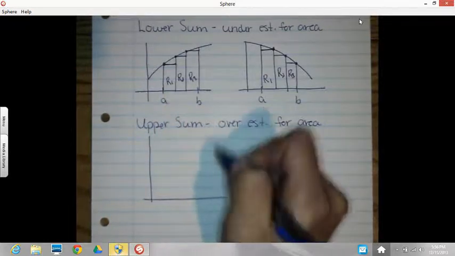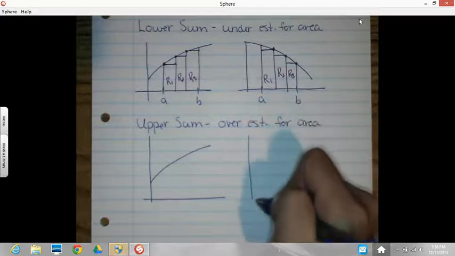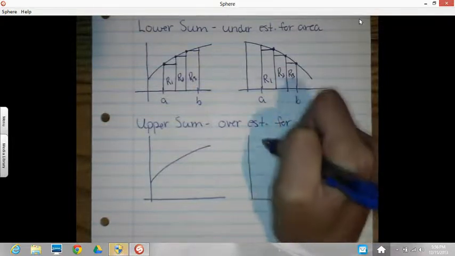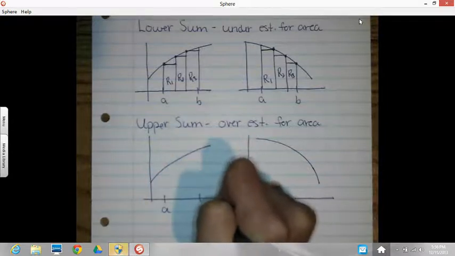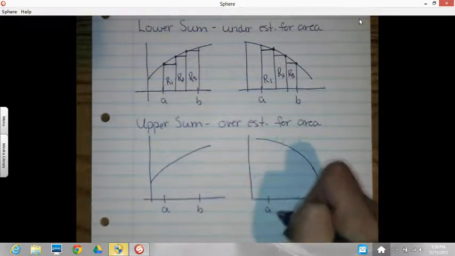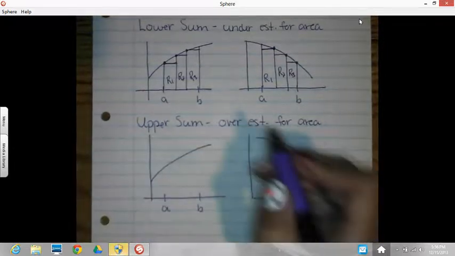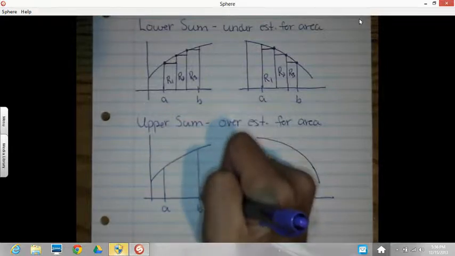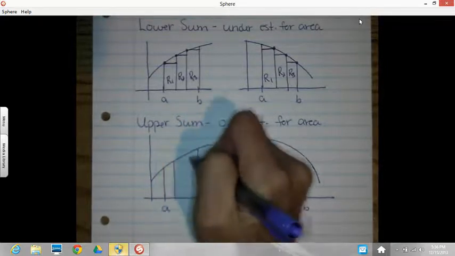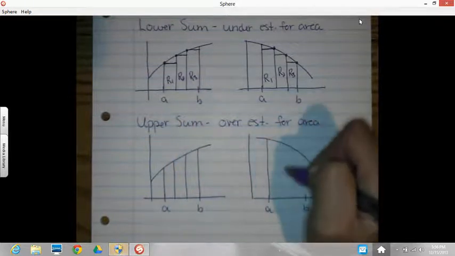So we'll look at the same 2 functions. We'll go from A to B, and we'll make our 3 rectangular partitions. So we'll chunk this up into 3 rectangles. Make our dividers. All of our dividers are the same width apart.